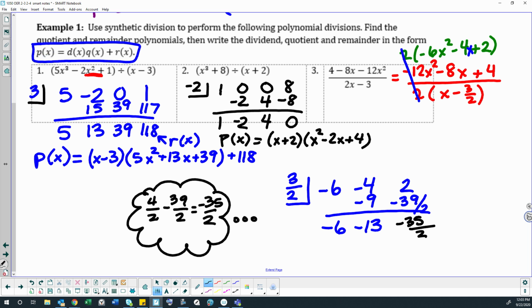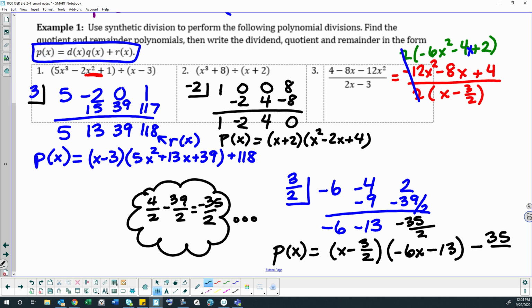So then this one would be p of x equals x minus 3 halves times negative 6x minus 13 plus our remainder, but it's a negative remainder, so I'm just going to put a minus.